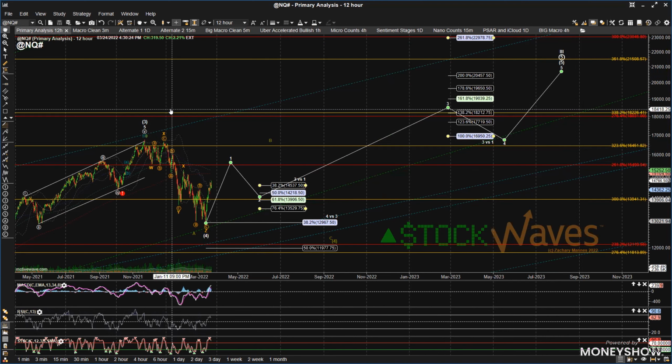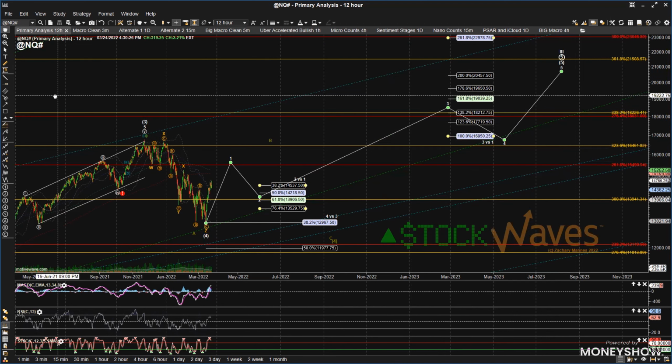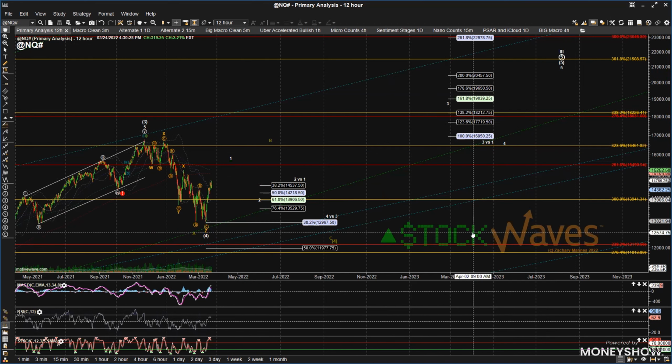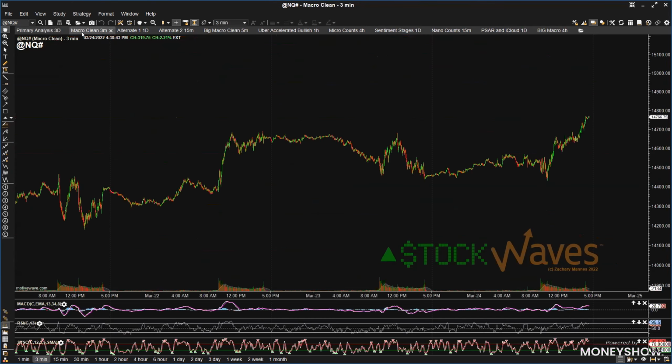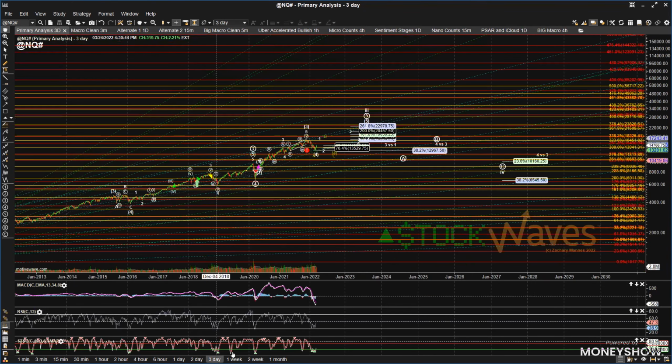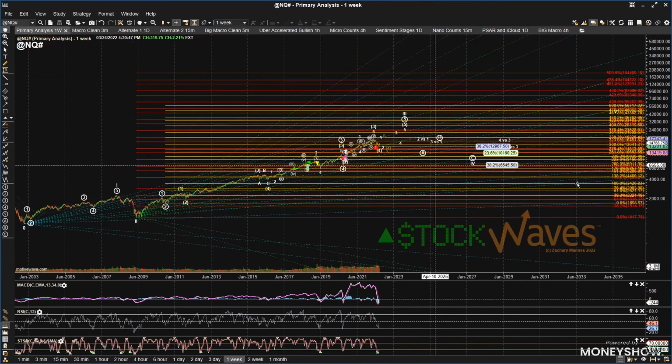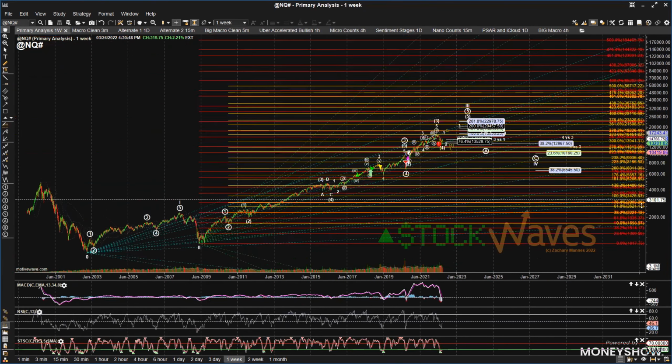Someone's asking, so you guys don't really foresee a market crash or recession in the next few years? I don't know, it's all relative. I don't know if I have a cleaner version of this chart that doesn't have all the fibs on it.